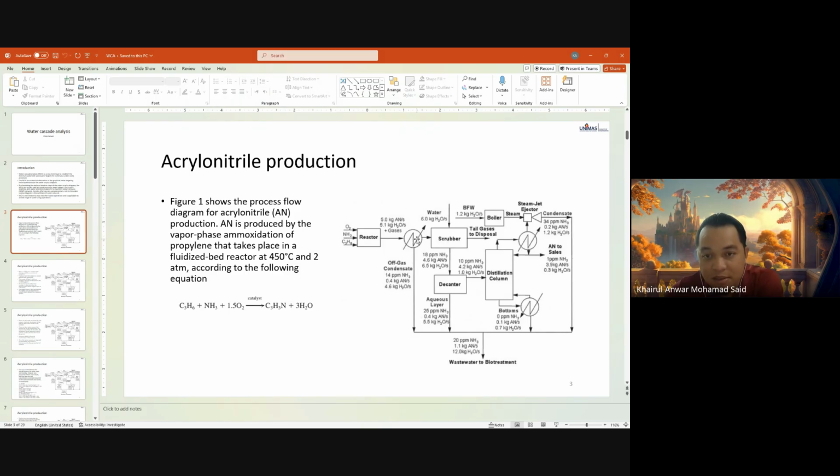Meanwhile, the water goes straight to the scrubber. From the scrubber, we have water. This water is a wash.